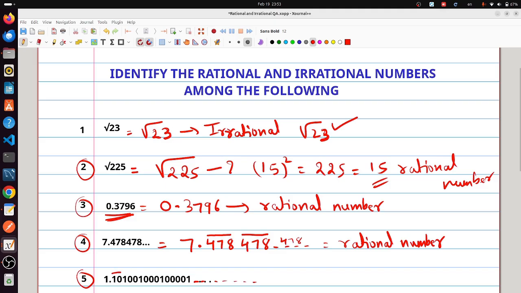Here we have 10, here we have 100, here we have 1000, 10,000, like that. So this is not repeating, right? If this was like 1.101010, dot, then it would be a rational number because it is repeating, but this is not repeating here, so this is an irrational number.